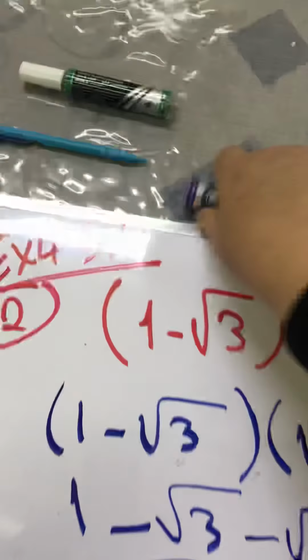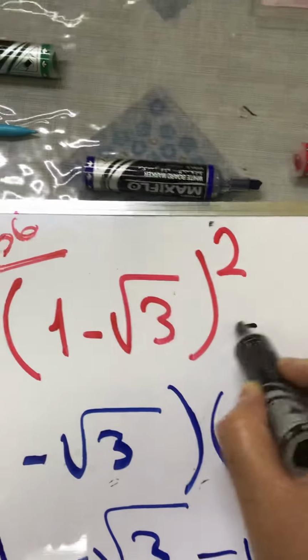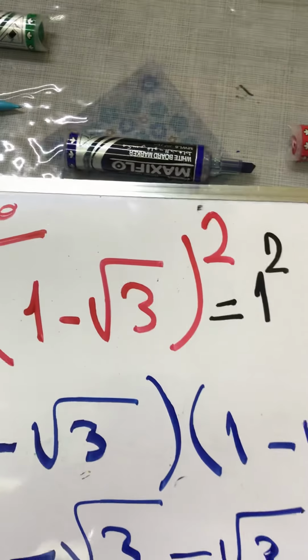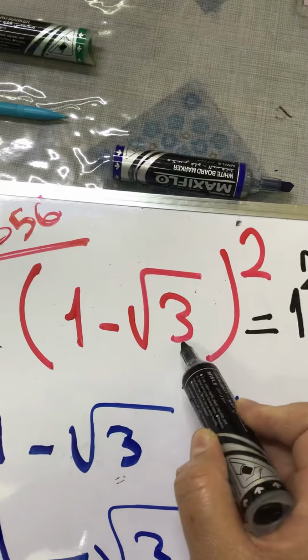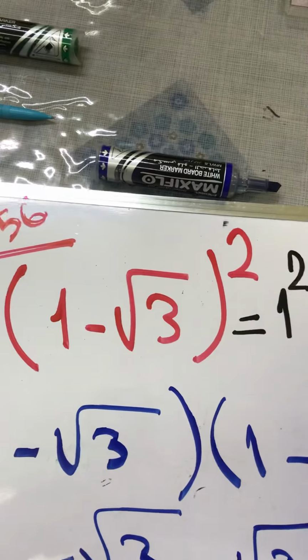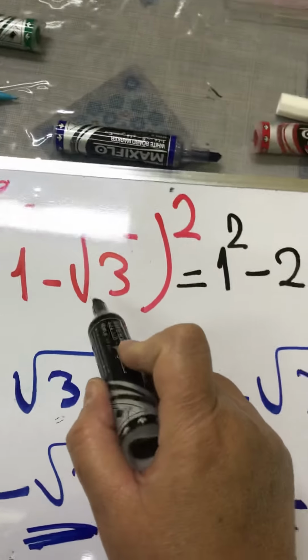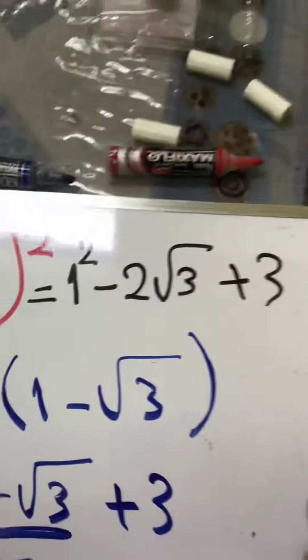About me, I prefer to do it as I explained to you before. It will be the first square, 1 square. The sign of the middle will be minus 2 multiply square root of 3 multiply 1, so it will be 2 square root of 3. And square root of 3 square equal 3, like this.